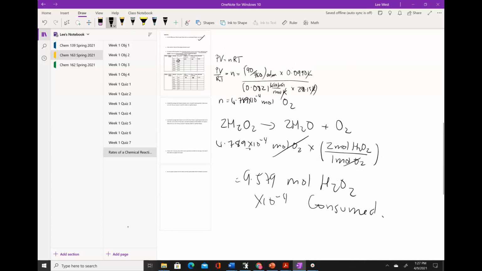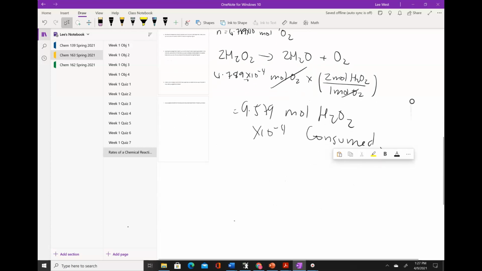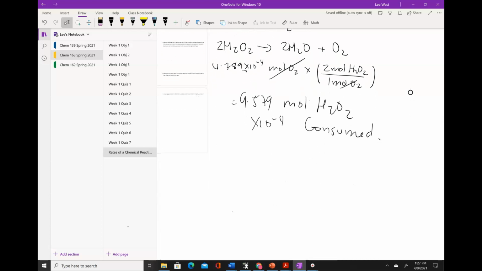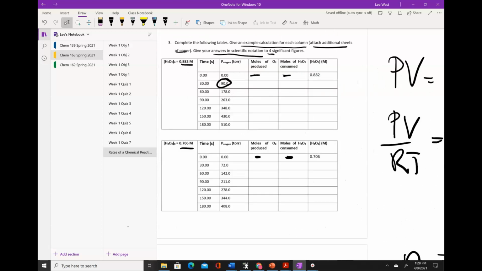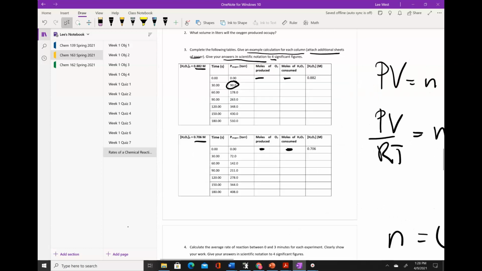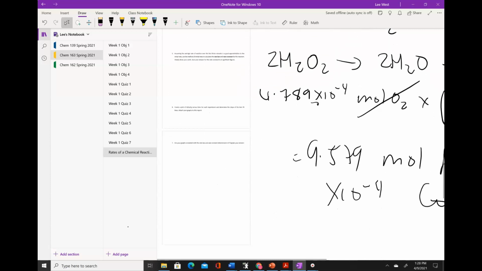So we're not quite done because we have to calculate the molarity of the H2O2 after 30 seconds. So how many moles of H2O2 did we have to begin with? Well, we had 50 milliliters, and the concentration in this first experiment was 0.882 moles per liter.